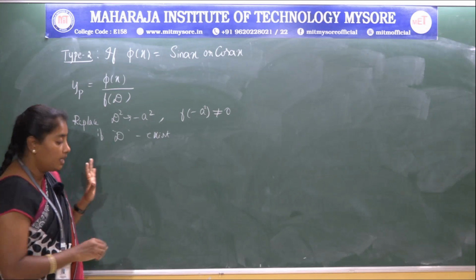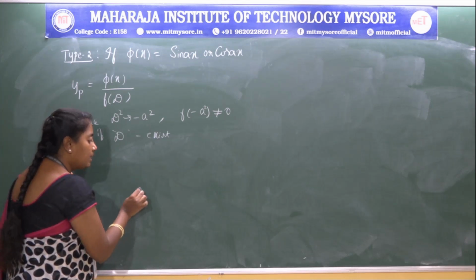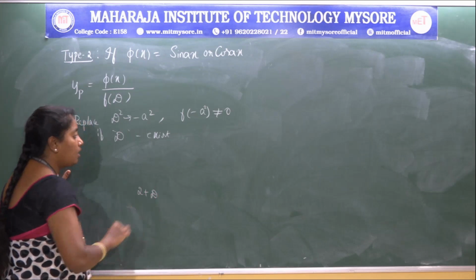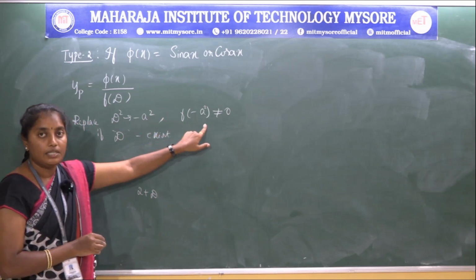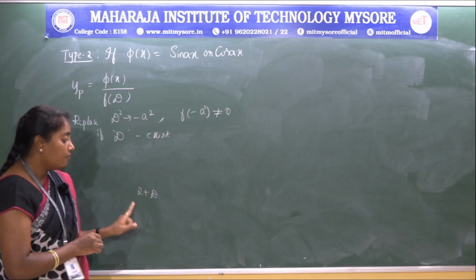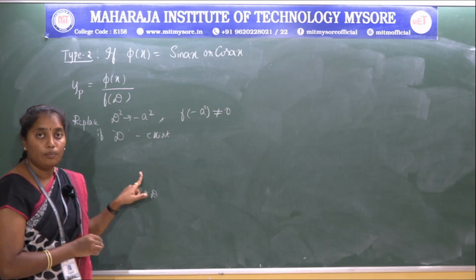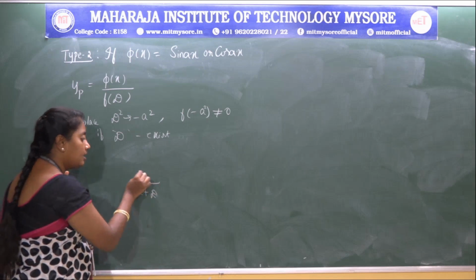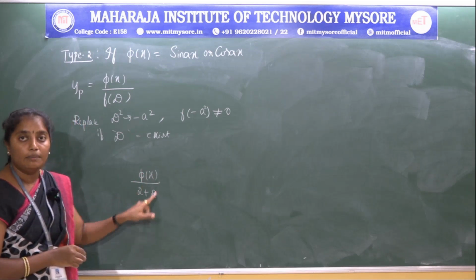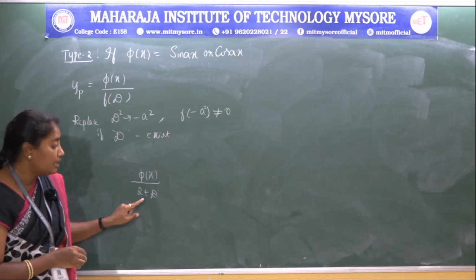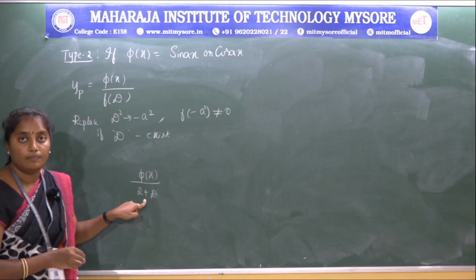The conjugate of d is, suppose in the denominator we have 2 plus d, after replacing d square by minus a square, and it is not equal to 0, if we are left with this term 2 plus d, and the numerator phi of x as it is, then we have to multiply the complete equation by the conjugate of the denominator.